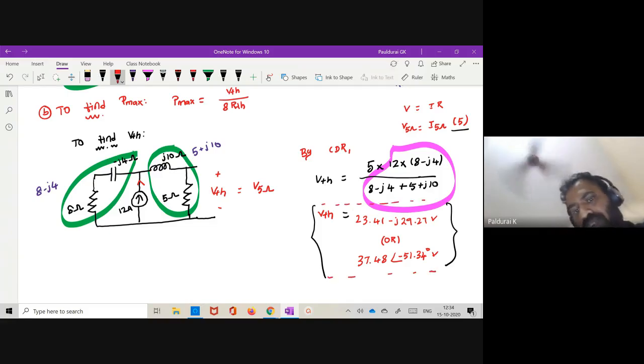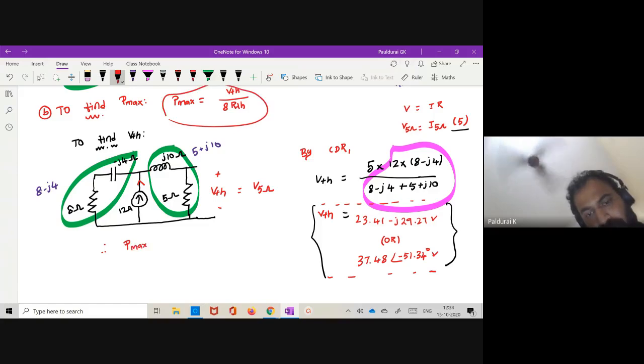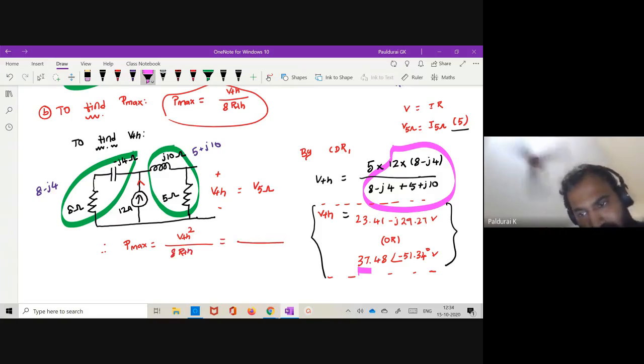Now what I want to calculate is my P max. You know the formula, right? P max equals VTH squared divided by 8 times RTH, where for VTH this time you take the magnitude. It is 37.48 the whole square divided by 8 times RTH.